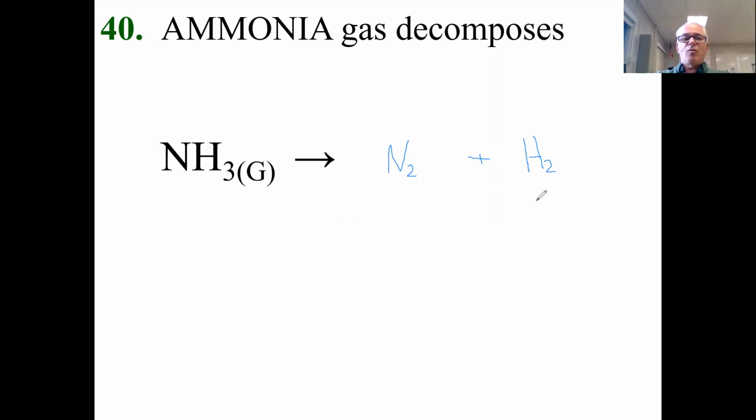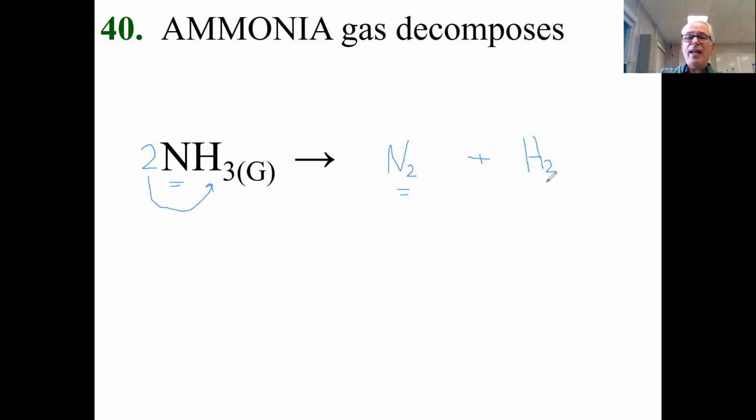So let's see what we got going on. There's 1 nitrogen in the front, and I got 2 here. 1 and 2. The odd one is broken. We got to double it. So I'm going to make this a 2. And now I got 2 nitrogens and 2 nitrogens. So far, so good. But look what I got. I have 2 NH3s. That's a total of 3 and 3, or 6 hydrogens.